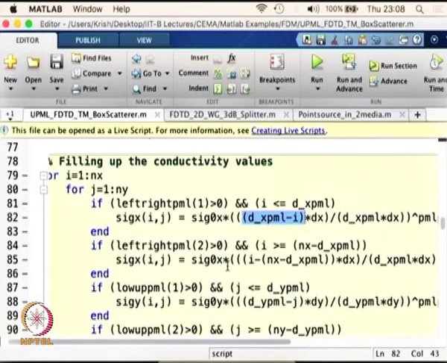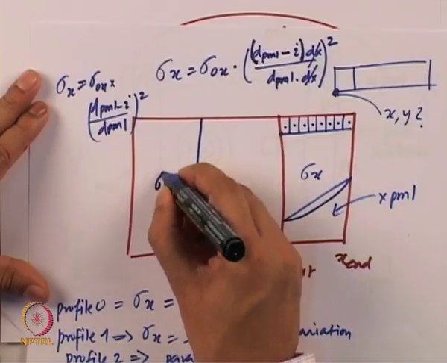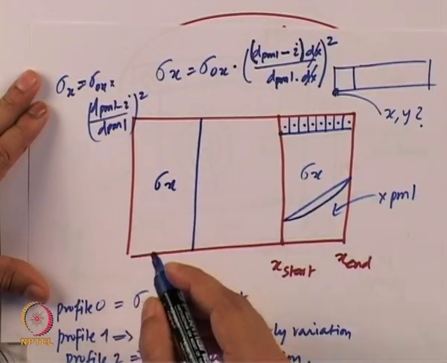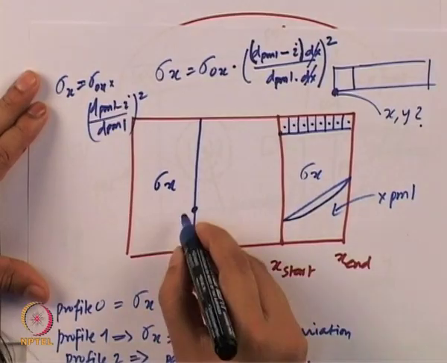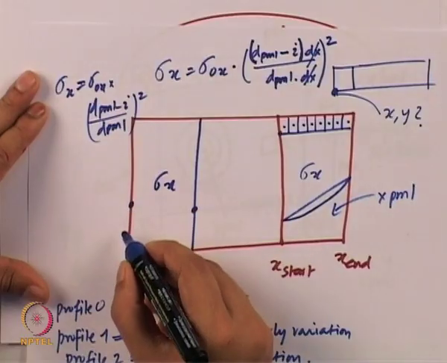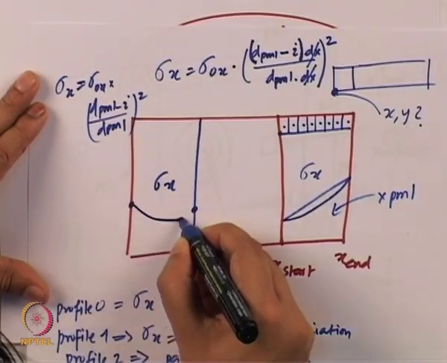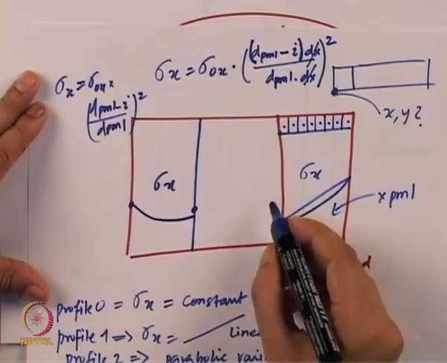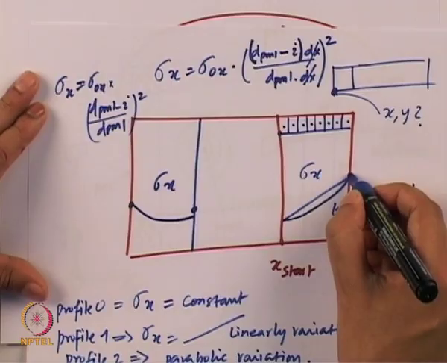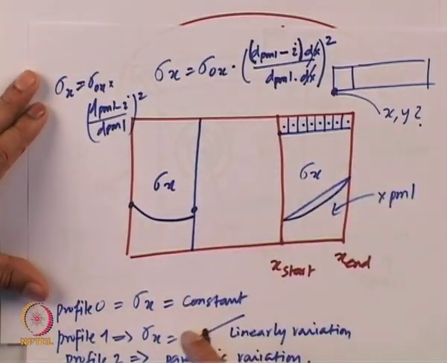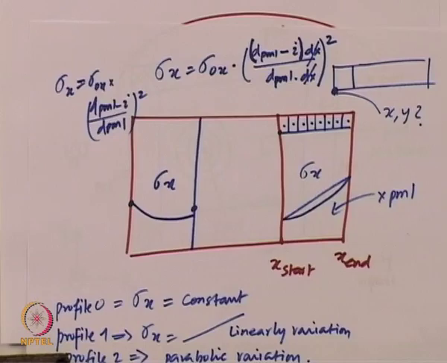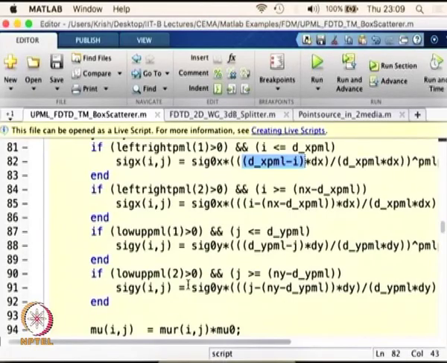What I mean is, if you go back here, if there is also an X oriented PML but on the left hand side, the rightmost point of this PML will have the lowest value and the leftmost point will have the maximum value. So the value is going to go down, whereas here the leftmost point will have the minimum value and the rightmost point will have the maximum value. So you have to swap it, and that's why we have swapped this particular term also.